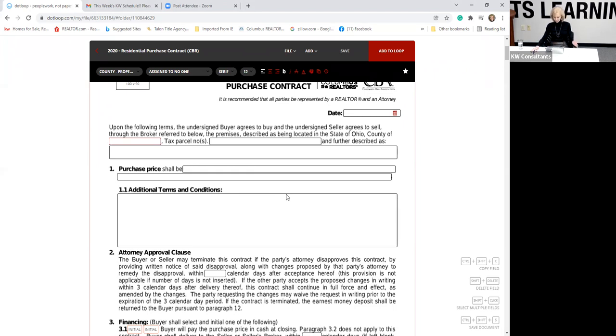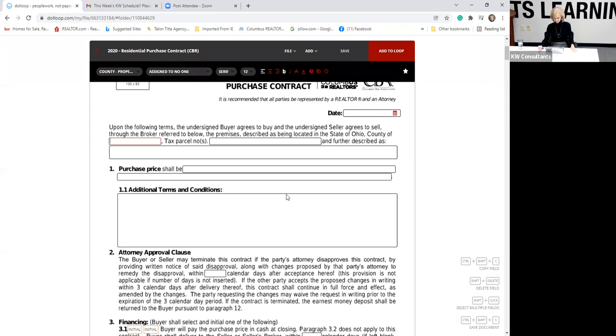All you really have to do is put the address, 5949 Portland Street, Dublin, Ohio, 43017, and you don't have to put much else other than that. Put in your purchase price. You type in the numbers, and then usually in parentheses, it's good to go ahead and spell it out.